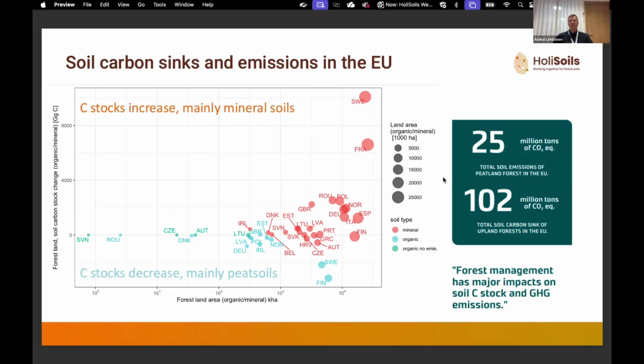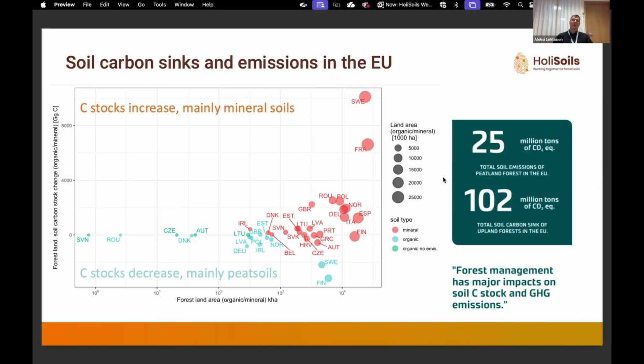The size of the bubble illustrates the area of forests, either on mineral soils or peat soils, mineral soils being the red bubbles and peat soils the blue bubbles. The x-axis is the area, in logarithmic transformation. Maybe the takeaway from this figure is that a few countries have quite significant areas and significant emissions and sinks.